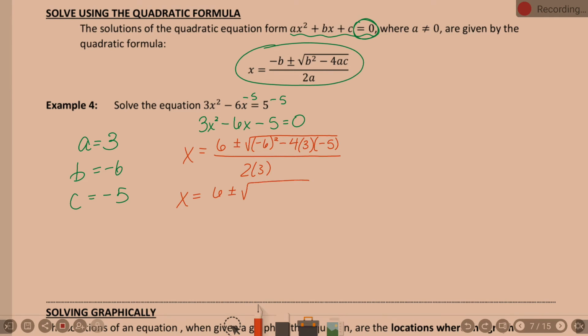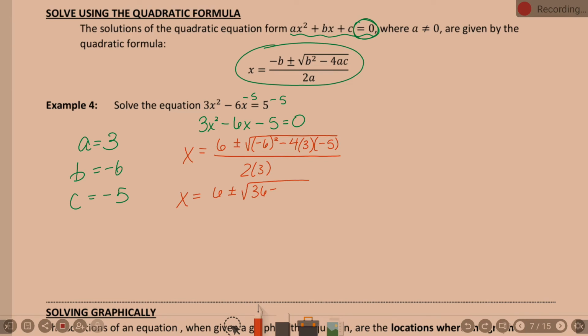What's going on under that square root? -6 squared is 36. And then it's a minus, but it's -4 times 3 times -5.